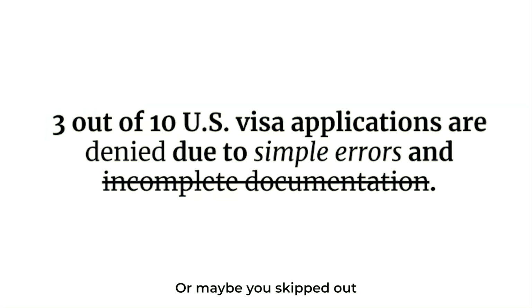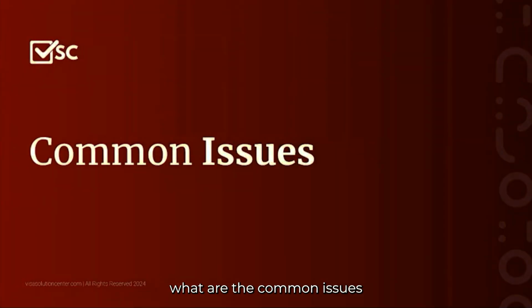Or maybe you skipped some information from your past employers that could have defined the success of your application. Now, 3 out of 10 is a lot. It's 1 out of 3 people that apply for the US visa who will get denied just for dumb reasons. We want to take those dumb reasons off the board. So let's see what the common issues are that arise during this process, okay?